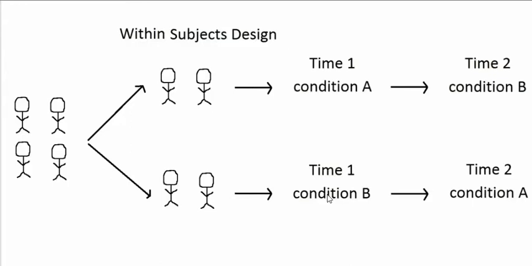And this process of randomly assigning people to orders of conditions is called counterbalancing. So this is a within subjects design that's making use of counterbalancing. And counterbalancing is needed in all within subjects designs for the results to be valid, and we'll get into why that's the case in just a few minutes.